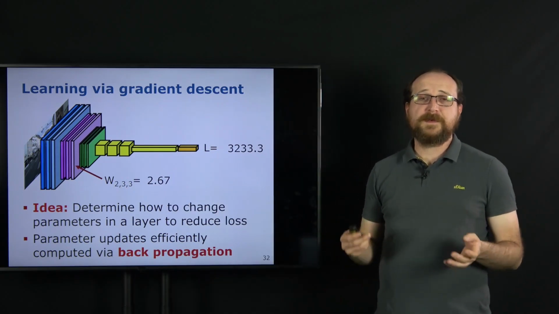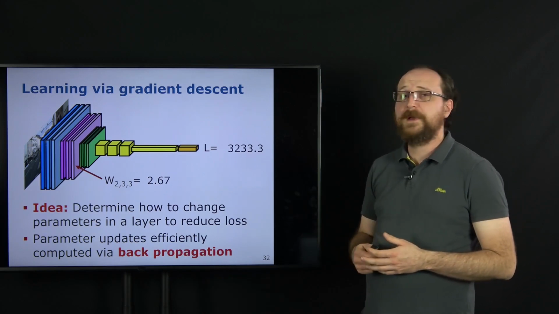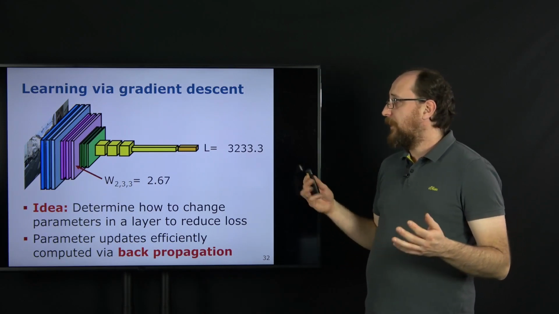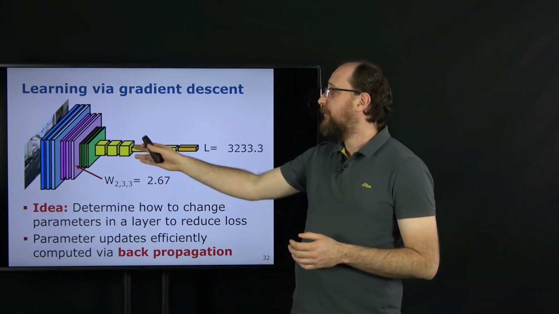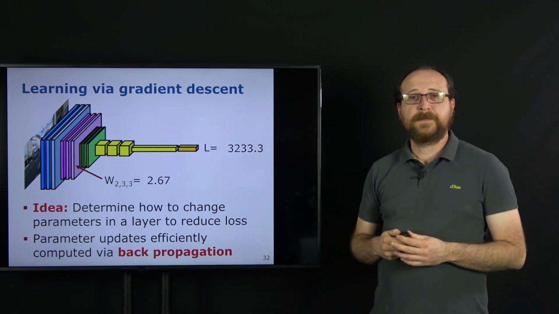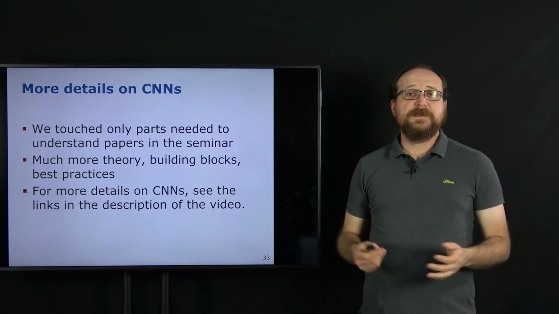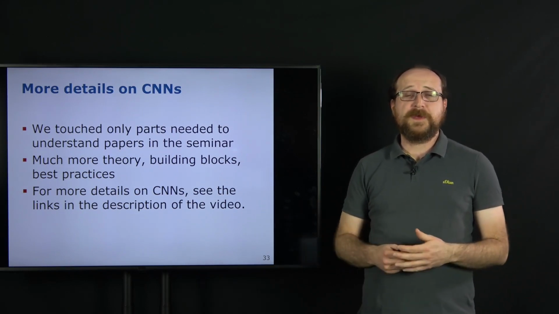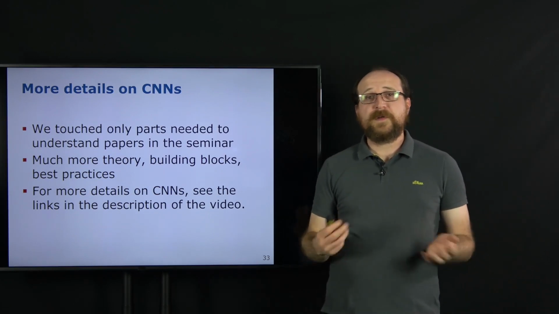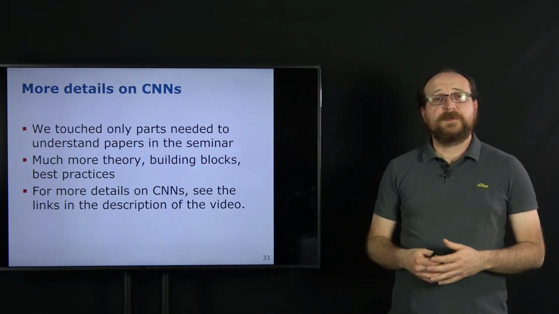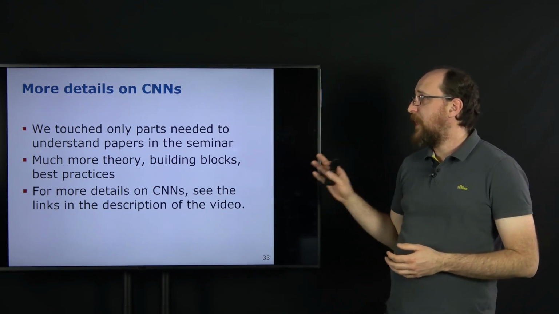This is the basic learning technique that is used to optimize this very high dimensional parameter space, because you have to think of this, that there are millions of parameters that we have to adjust. We touched only the parts that are mainly needed to understand the papers that we are giving out in the seminar. But there's, of course, much more theory, building blocks and best practices to construct convolutional networks. But this is not part of this lecture.